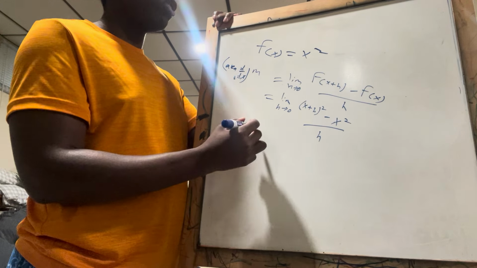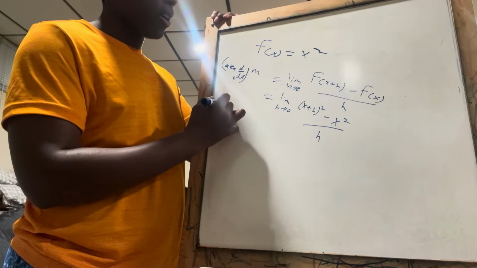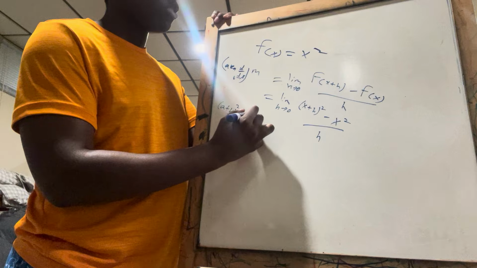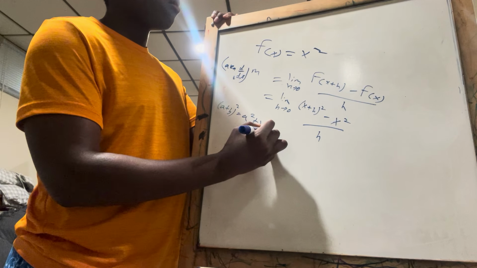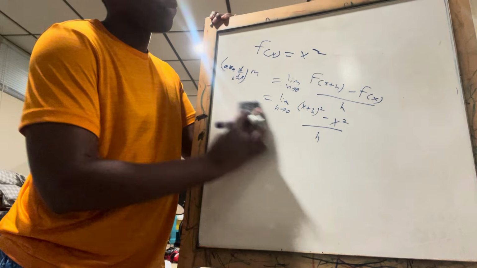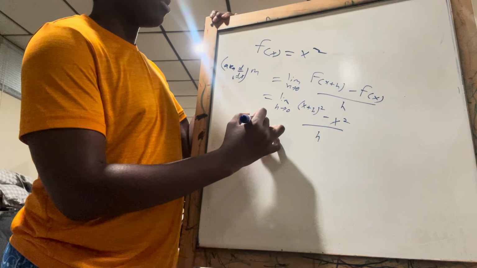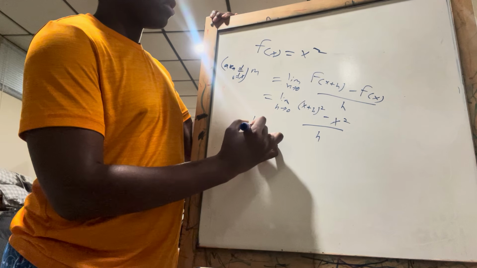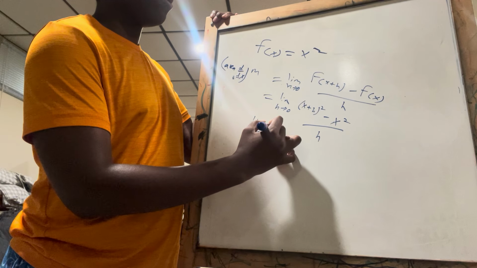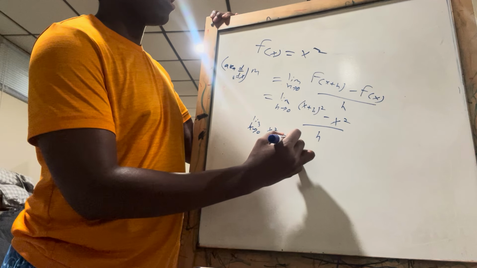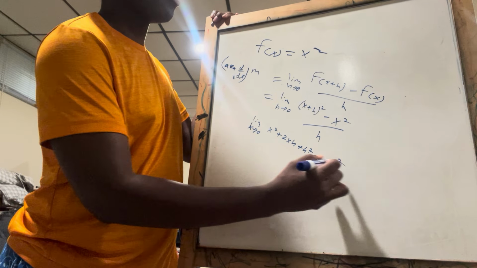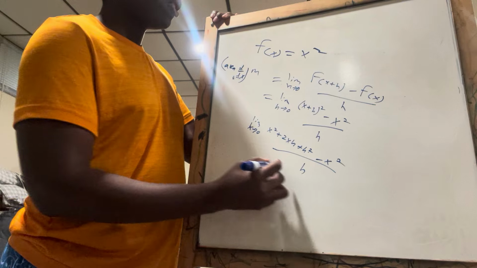Now, x plus h squared, if you've seen my other videos, you know that (a plus b) squared equals a squared plus 2ab plus b squared. So this just equals the limit as h goes to 0 of x squared plus 2xh plus h squared minus x squared over h.